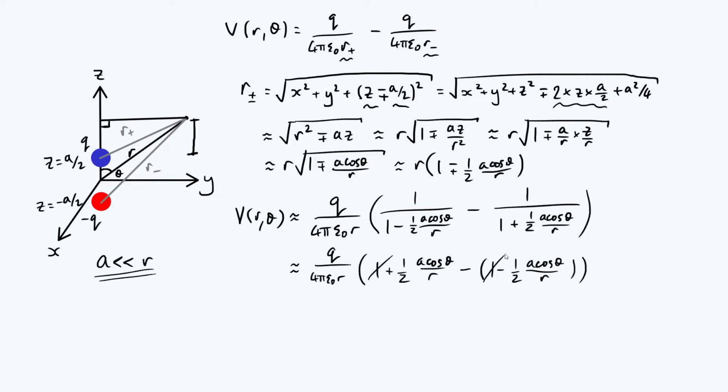That 1 cancels with that 1. And then these two terms are the same, right? And because each of them has a half as a prefactor, we add two halves together and we get a whole. And so we have found that our electric potential is roughly q times a cos theta over 4 pi epsilon naught r squared.